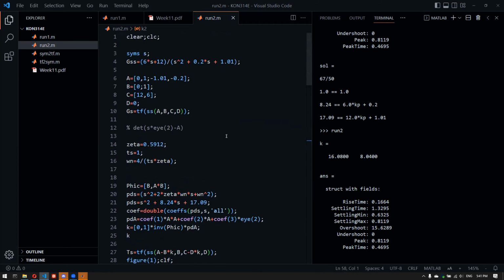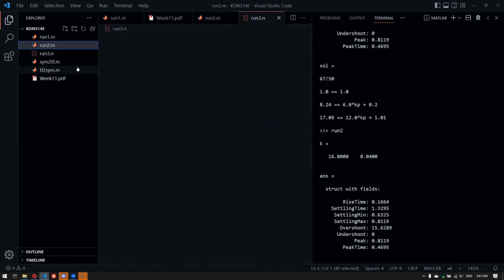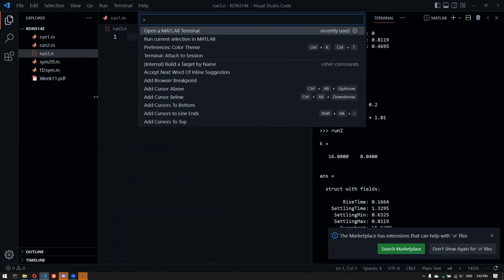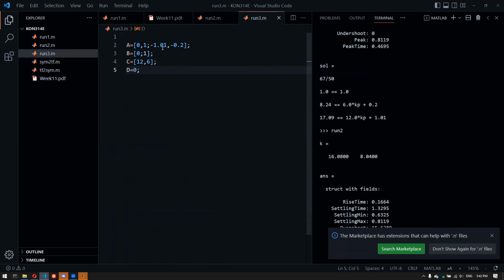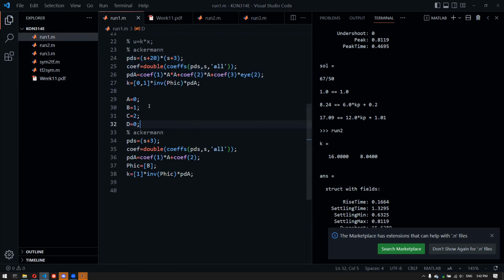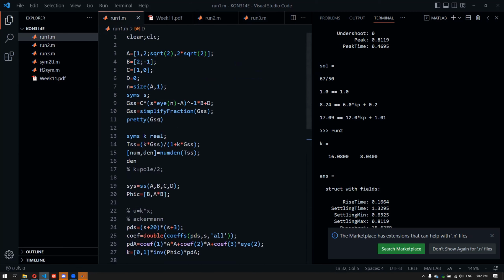So let's have the system here, this one here. There we go. Now, when we're designing a controller, let me also take that part maybe, in order to be able to compare.